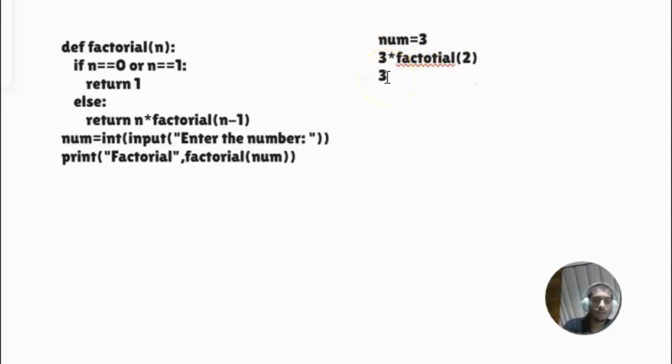It checks the condition. The if condition is going to be false, so it goes to the else condition and becomes 2 multiplied by factorial of 1.